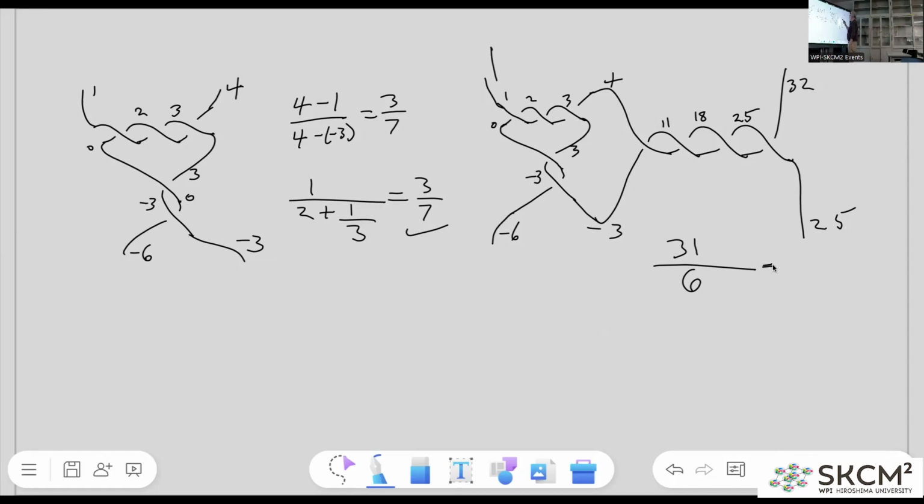That's okay. 2 times 18 is 36. Oh, 36. Yeah, minus 11 is 25. 2 times 25 is 50 minus 18.